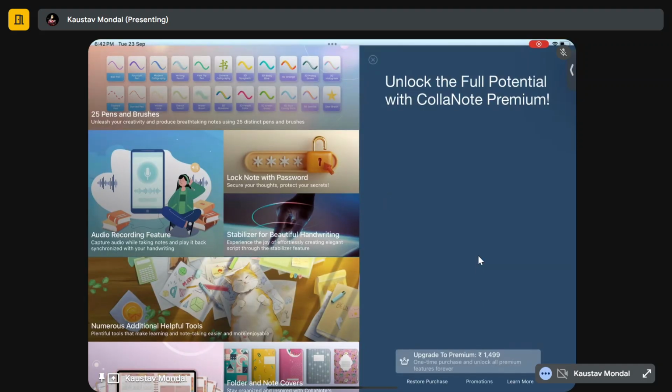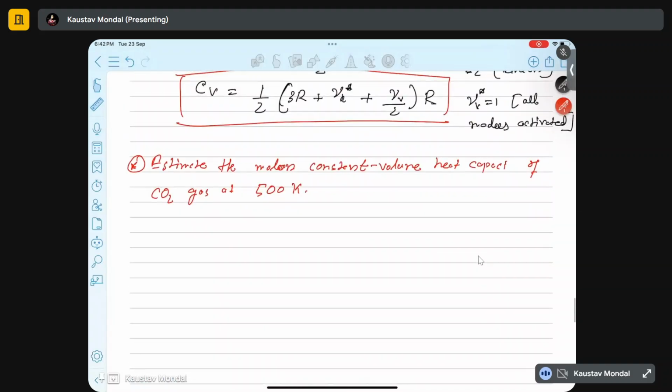Now, CV we know. We will ignore the electronic part for the time being, so we'll be considering the translational, vibrational and rotational parts.